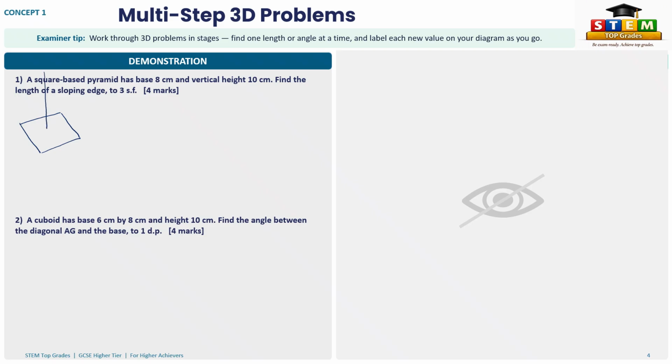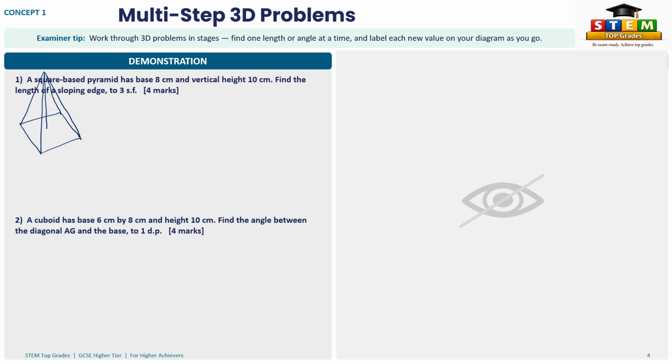However, we are trying to represent that as a 3D, so I think it looks right. Okay. Now find the length of the sloping edge, and we've got to give it to 3 significant figures.